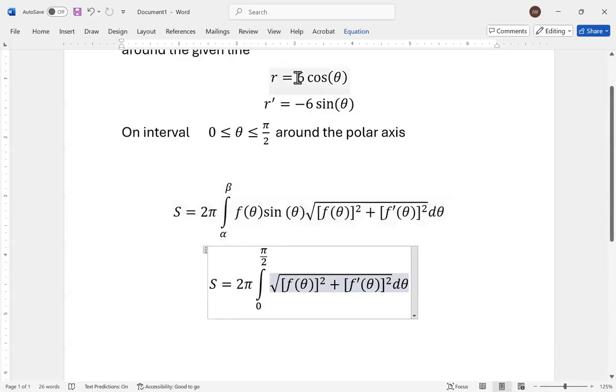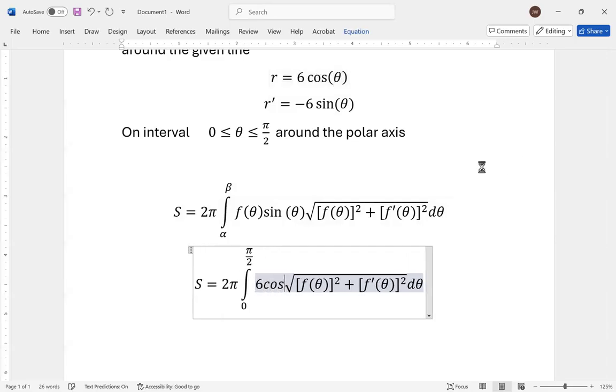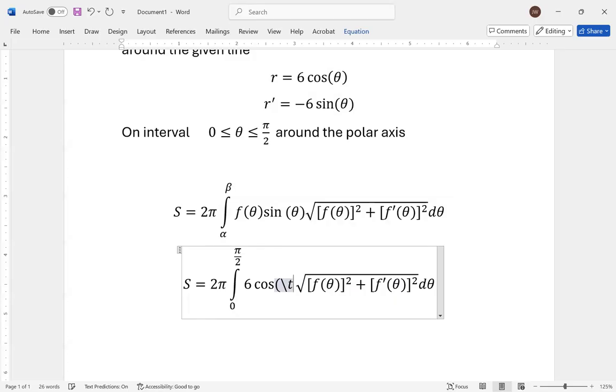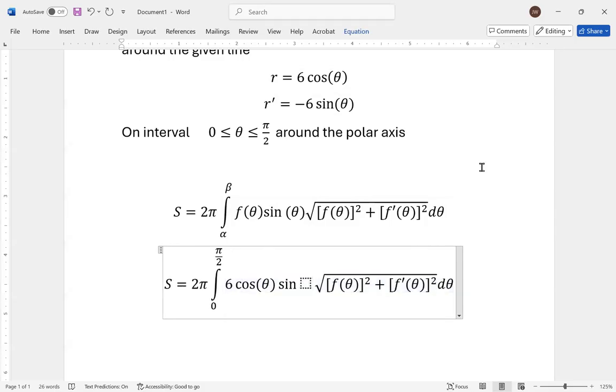The function is 6 cosine theta. And then we multiply times sine of theta.